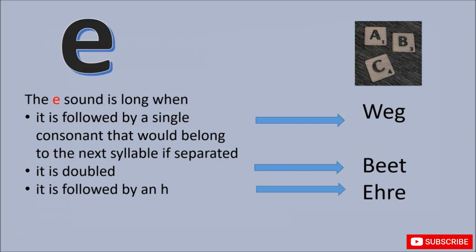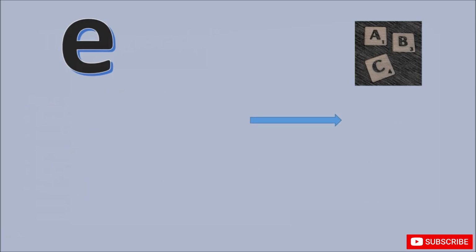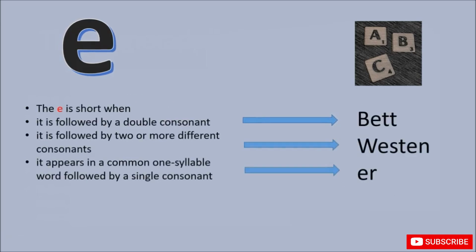If it is doubled, Bed. And again, if it's followed by an H, Ehre. It's short if it is followed by a double consonant, Bet, followed by two or more different consonants, Westen, and it appears in common one-syllable word followed by a single consonant, like er.